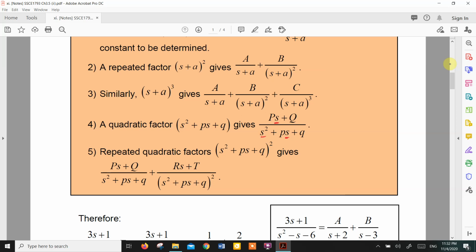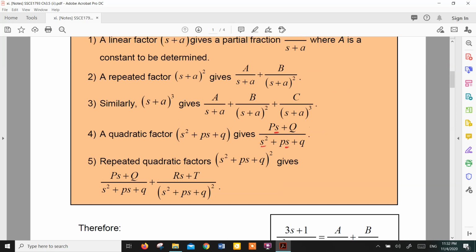For a repeated quadratic factor, s square plus ps plus q squared, it gives As plus B over s square plus ps plus q, and another one with another constant, Cs plus D, over s square plus ps plus q squared. If you are confused with this partial fraction, please do some revision on partial fraction.